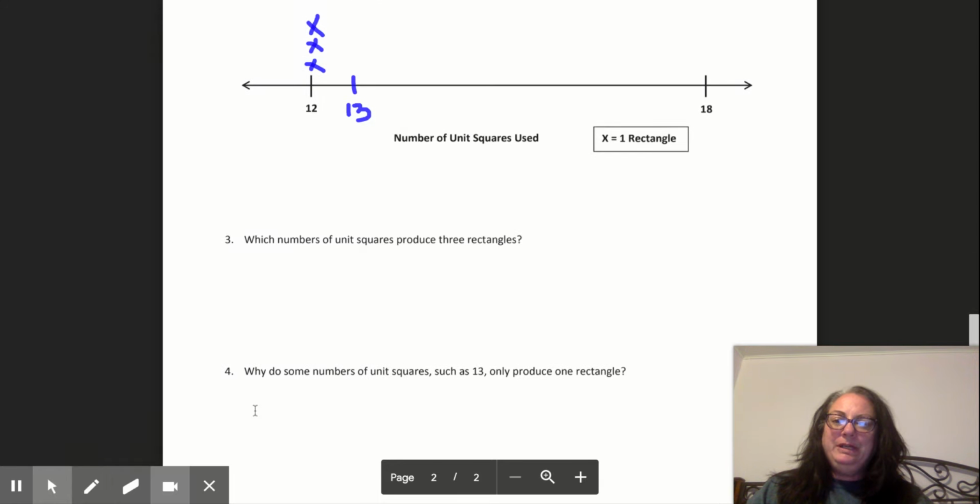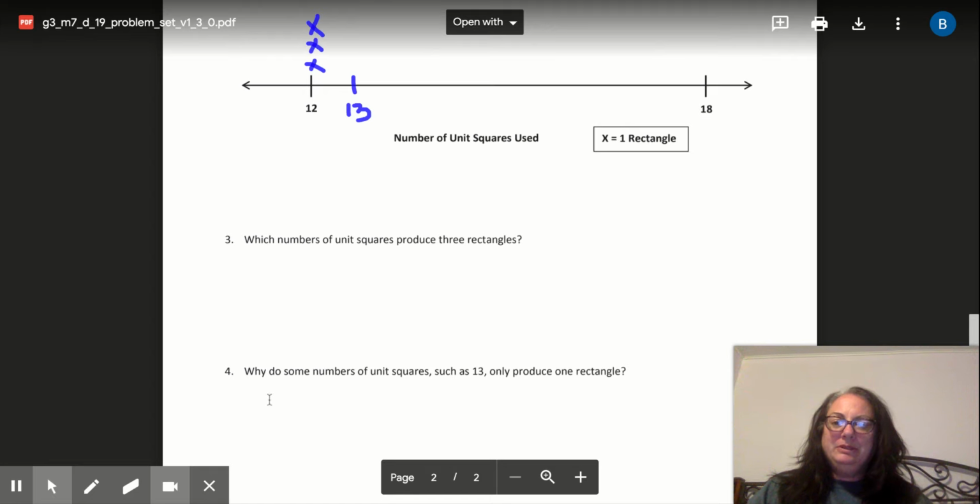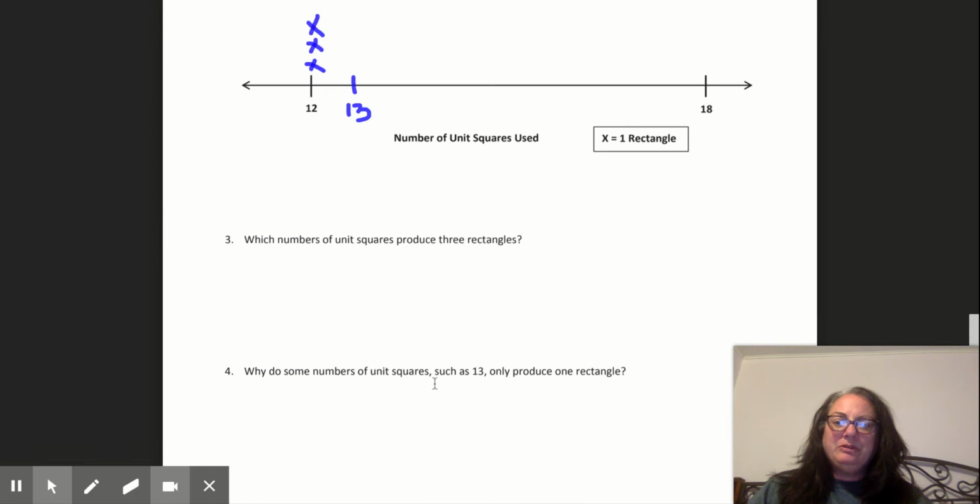Then number 3, which numbers of unit squares produce 3 rectangles? You write down all the numbers. Why do some numbers of unit squares, such as 13, only produce 1 rectangle? And you're going to have to figure that out.